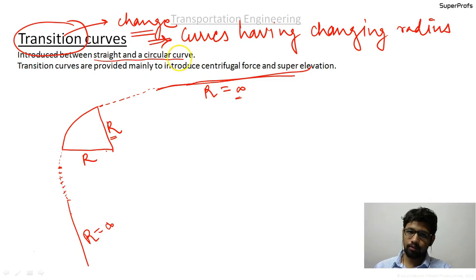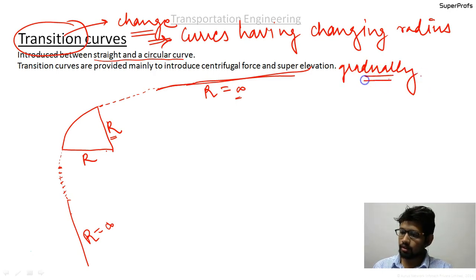This is point number one. Transition curves are provided mainly to introduce centrifugal force and super elevation gradually. That is important. Gradually. So let's now move ahead.